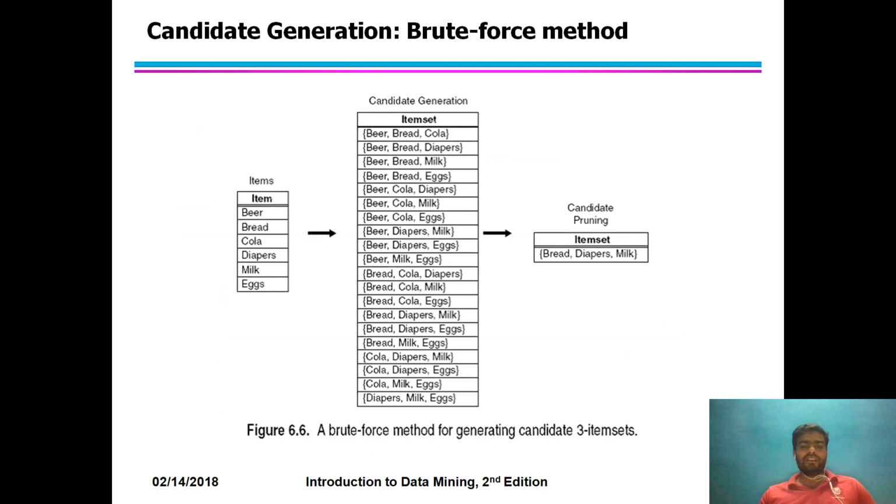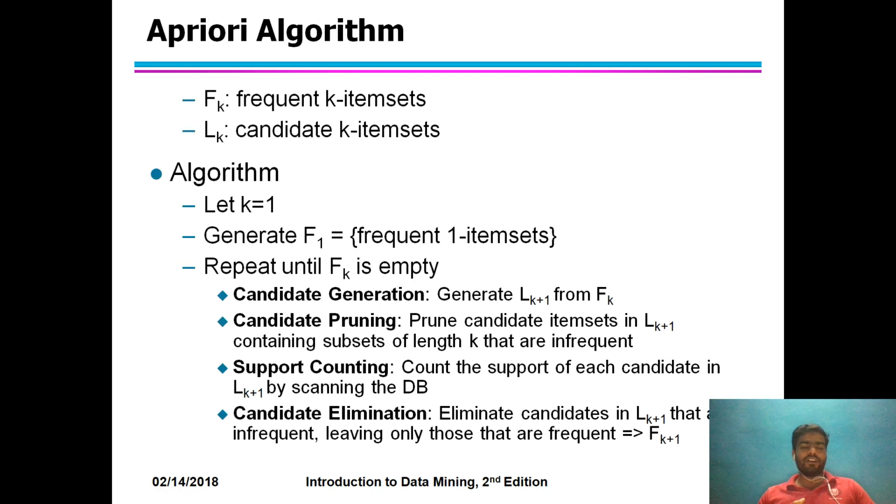Now coming to the Apriori algorithm, F of k is the frequent k item sets and L of k is the candidate k item sets. The Apriori principle says: k is equal to 1, generate F1, the frequent 1 item sets, then repeat candidate generation until F of k is empty. Candidate generation: generate L of k plus 1 from F of k.